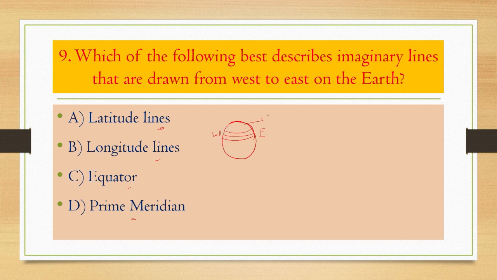These lines are called latitudes. So the answer is latitude lines. Simple. The lines which are long are called longitude lines, but these are drawn from north to south. The west to east lines are latitudes.